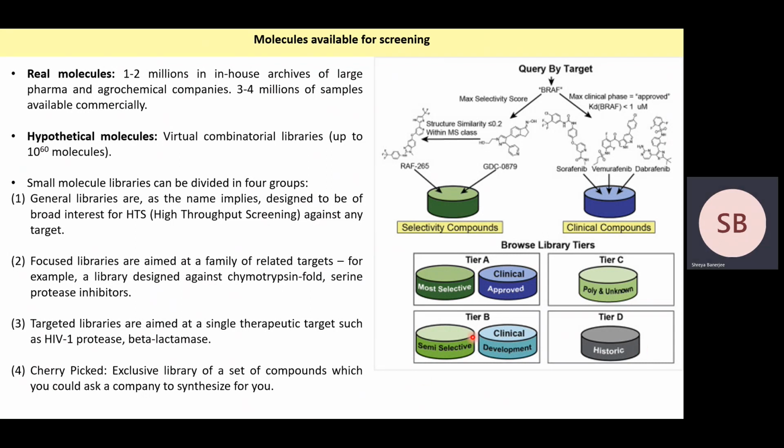There can be semi-selective libraries which are in the stage of clinical development. That is, they have not yet been completely approved clinically, but they are working towards that. And there are poly and unknown libraries, which basically consist of hypothetical molecules where different fragments can be virtually combined to have a hypothetical library of molecules.